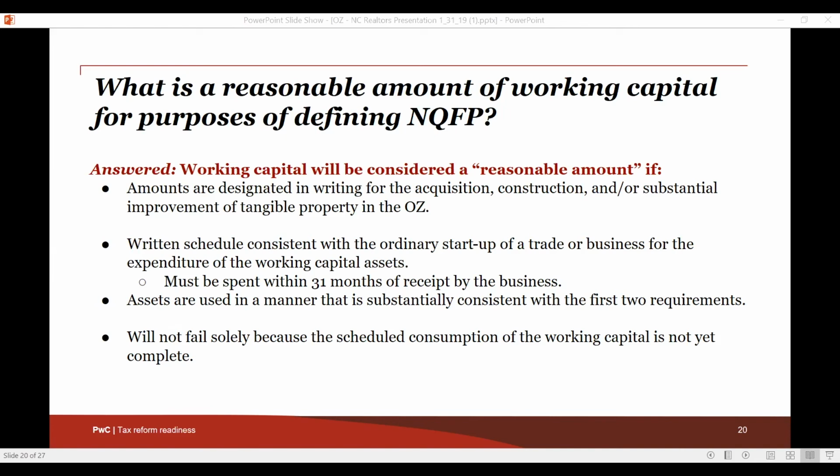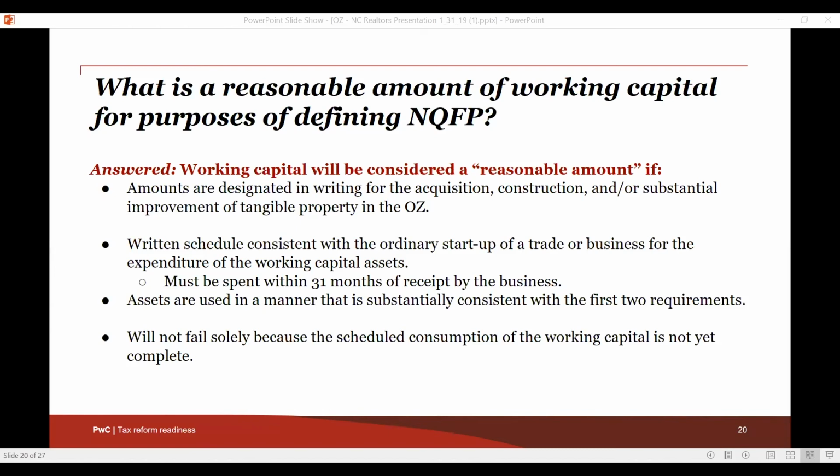You have this working capital exception where amounts that are for the acquisition, construction, or improvement, you can hold that cash for up to 31 months, as long as you have this schedule in place and you spend it within 31 months based on the schedule and what it was intended for. Then it's not part of your non-qualified financial property. The Treasury doesn't want these funds sitting on a bunch of cash for 8 to 10 years. They're trying to get this cash put into the economy and into businesses and revitalization and not just sitting in a bank account.